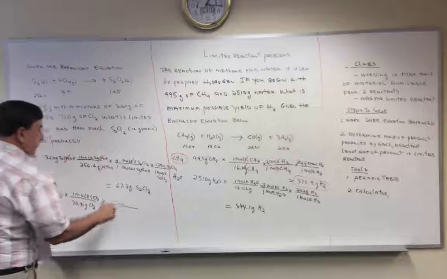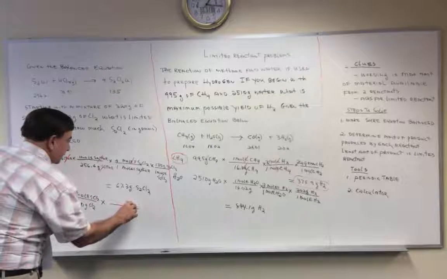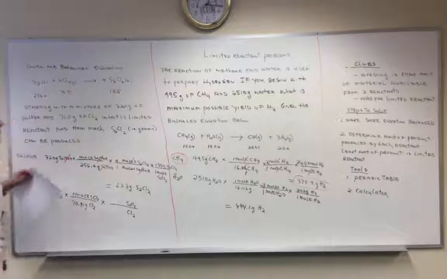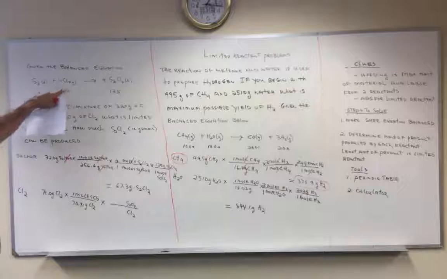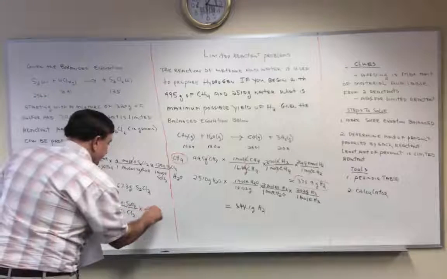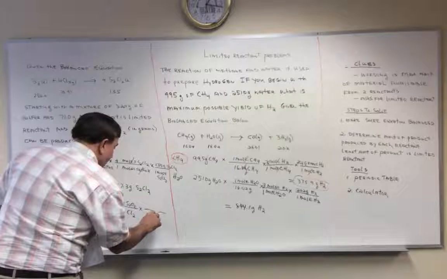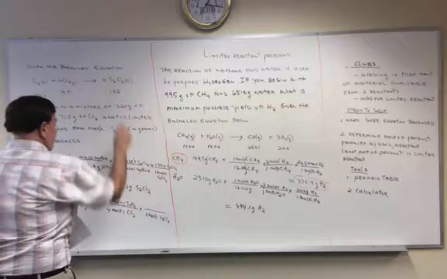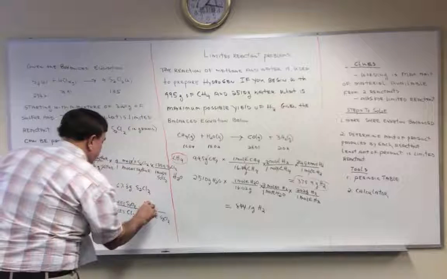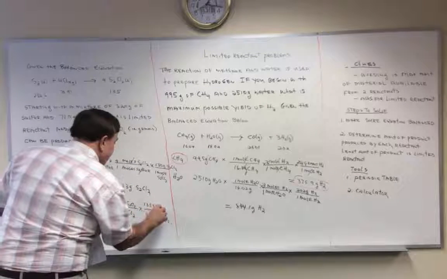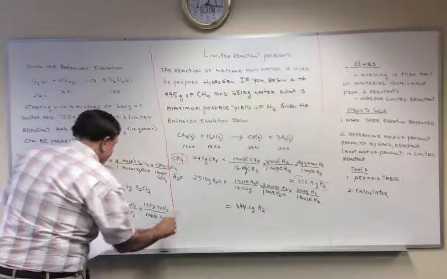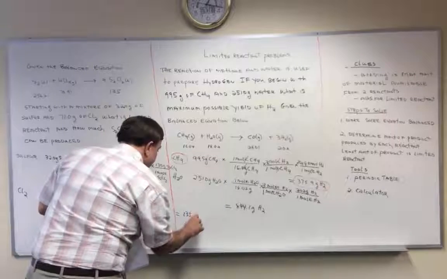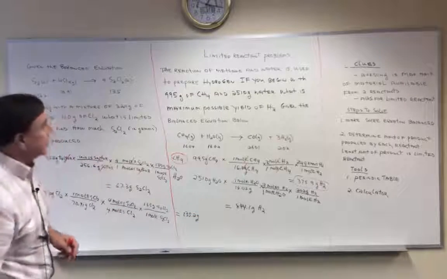Now, notice the ratio. It's going to be S2Cl2 to now Cl2, not sulfur. So let's look up here. 4 to 4. Then we convert to grams. So we have 1 mole of S2Cl2 here, and we have from the information above 135 grams of S2Cl2. When we multiply that out, we get 135.2 grams.